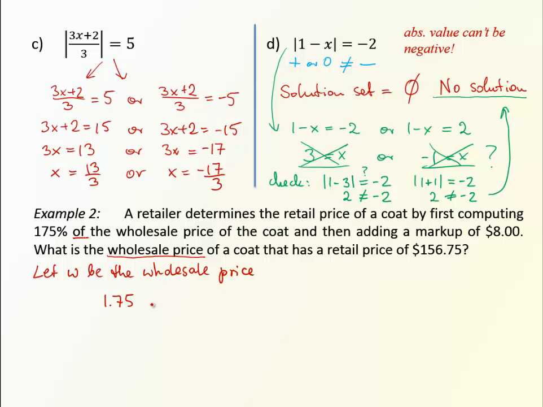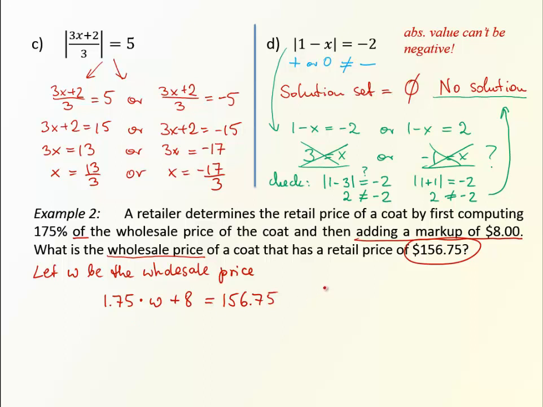Of really indicates multiplication, wholesale price, which is W. And then what he did, he added a markup price of $8, so plus 8. After that, he obtained the retail price, which is this much. So it's equal to 156.75. And we need to solve it for W, a linear equation, not too difficult to solve.